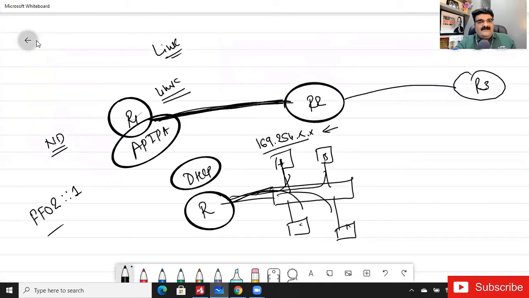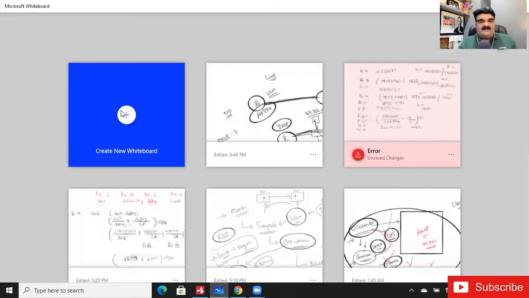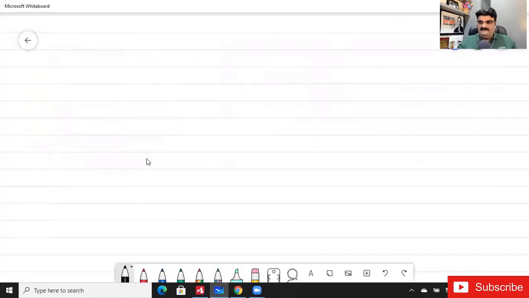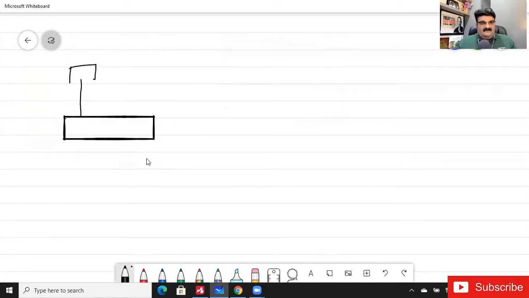So here I'm going to draw one network. This is my switch. I'm having 4 computers, and each computer has an IPv6 address.